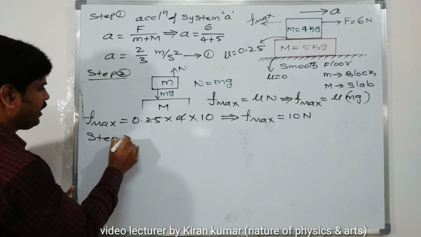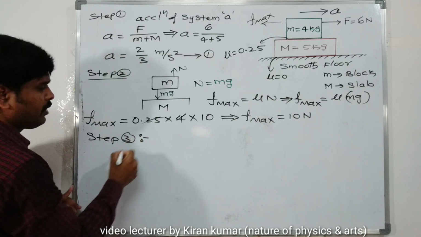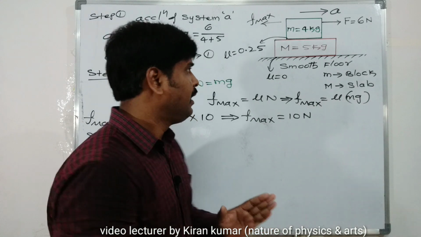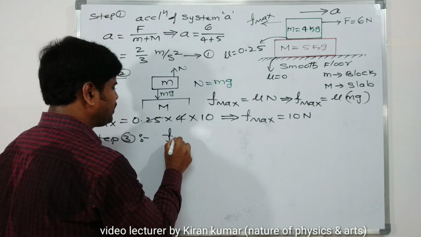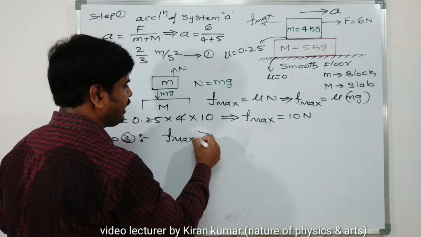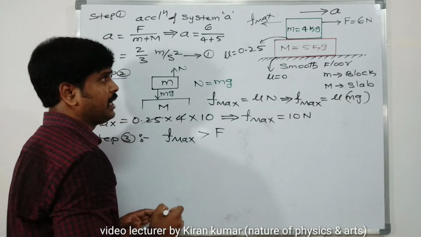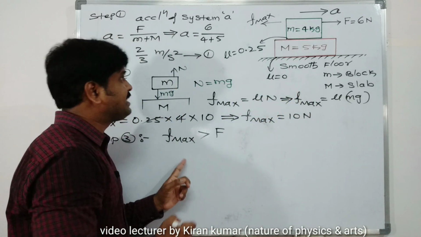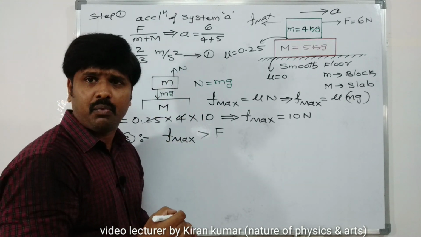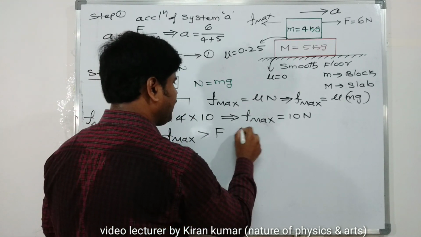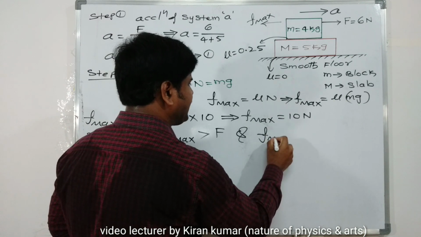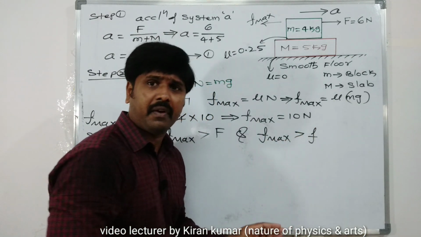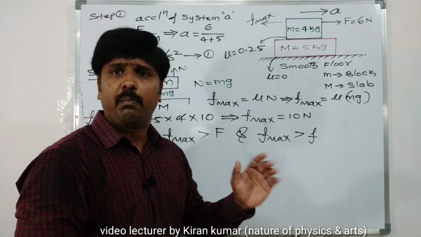Next is step 3. For step 3, try to understand here. One thing we can clearly understand is that the maximum frictional force is greater than the applied force. F is the applied force, and F max is the maximum frictional force. Also F maximum is greater than F, the frictional force between the blocks.